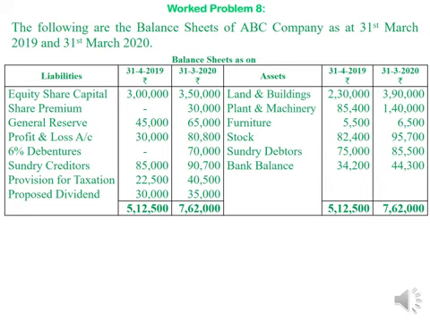Stock rupees 82,400 and rupees 95,700. Sundry debtors rupees 75,000 and rupees 85,500. Bank balance rupees 34,200 and 44,300. Total of the balance sheets 5,12,500 and rupees 7,62,000 respectively on opening date and closing date.